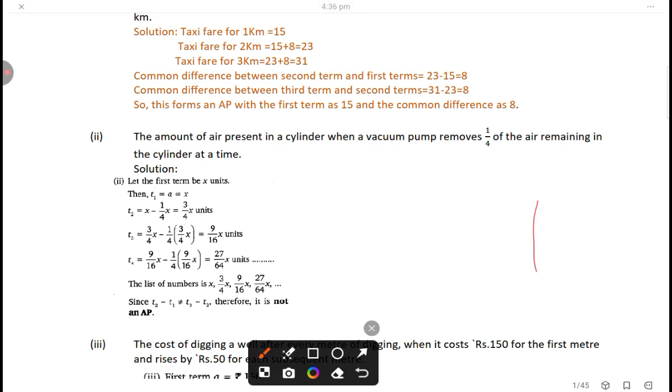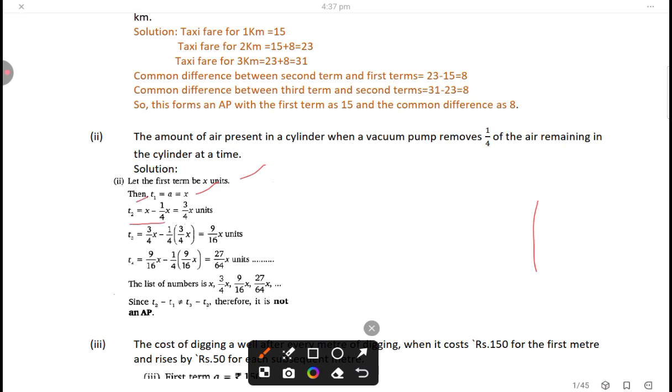Second question. The amount of air present in a cylinder when a vacuum pump removes 1/4 of the air remaining in the cylinder at a time. First, let us take the first term as x units. So x. Then you remove the 1/4 from the x.